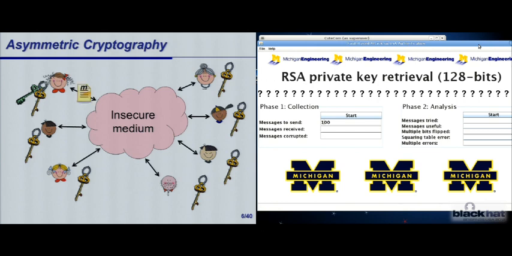Then whenever she wants to talk to one of her friends, she will encrypt a message with the private key, send it over, and the friend can decrypt it with the public key. Now, the friend will know it is actually communicating with Anna because only her public key can get the original message that Anna sent.